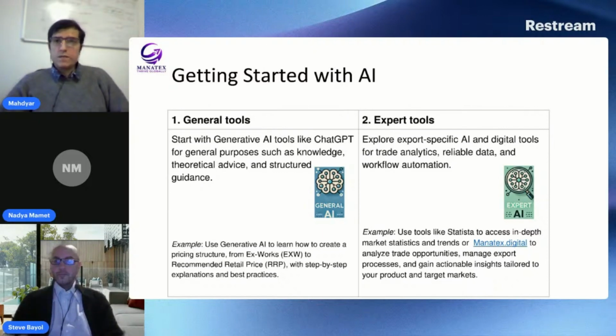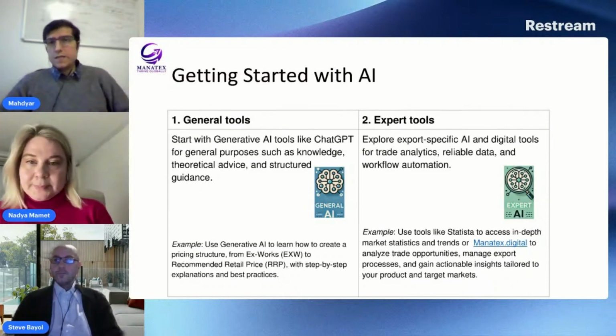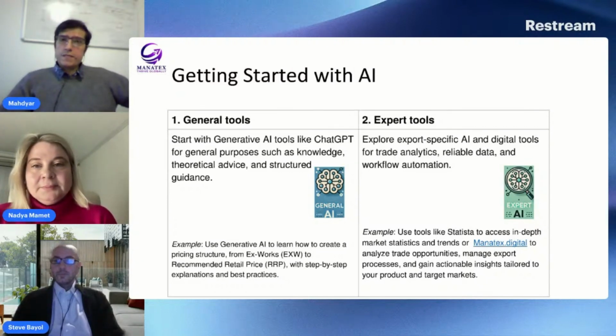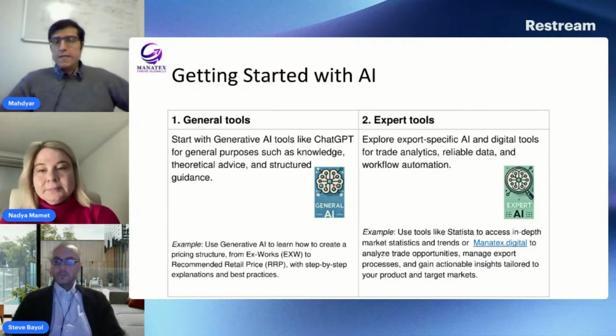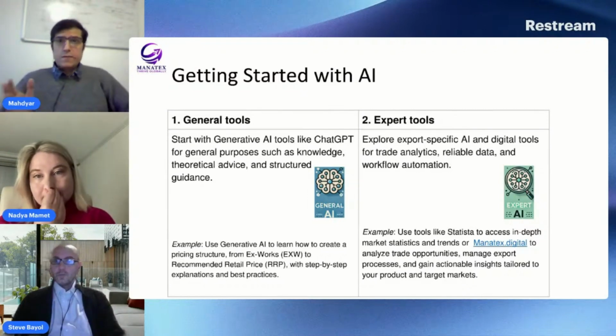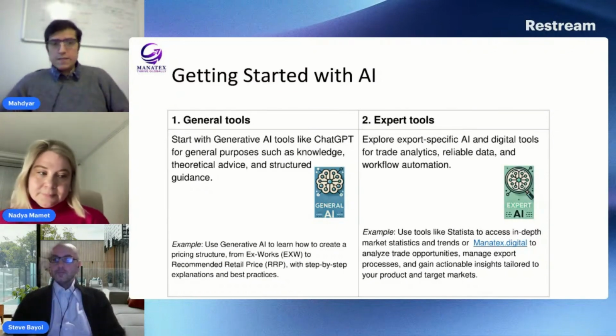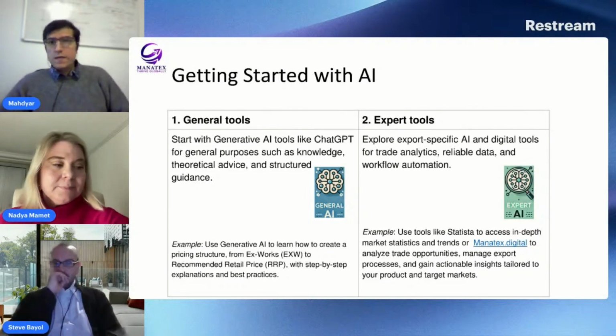For example, what is the best export price for exporting cosmetics to Poland, so that the recommended retail price will be acceptable for the market. So that's really a huge advancement in international business development.